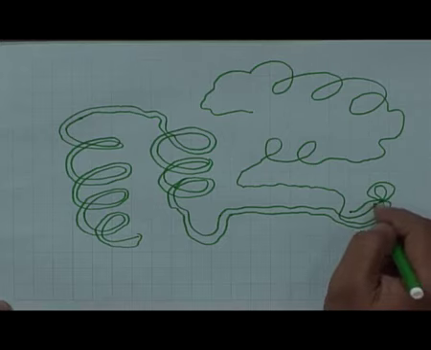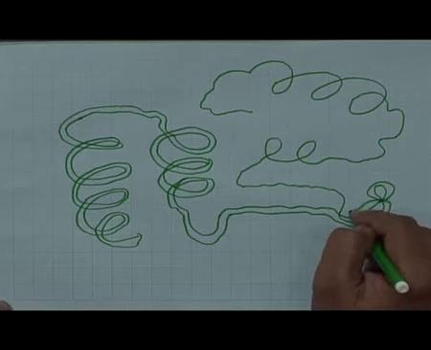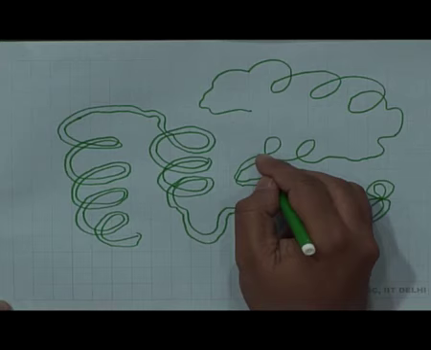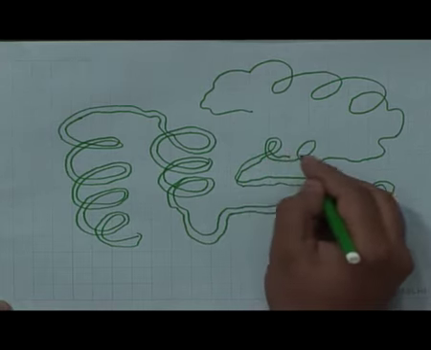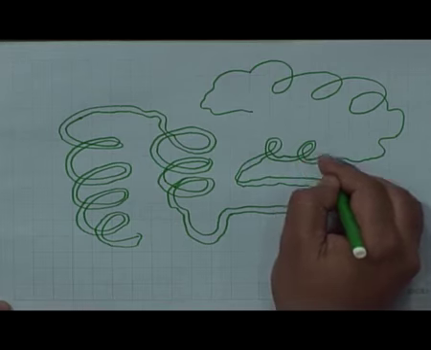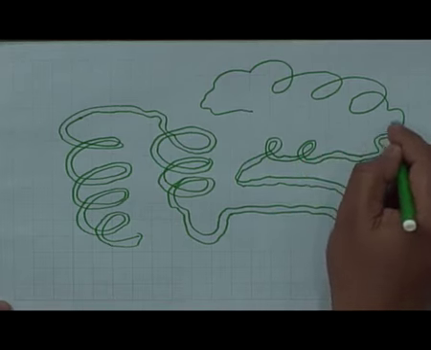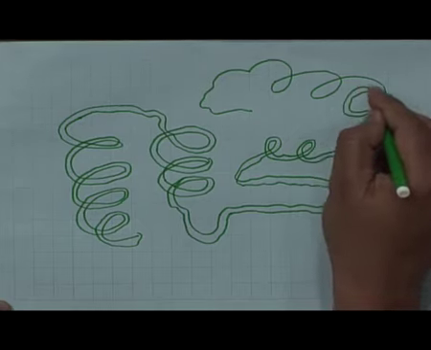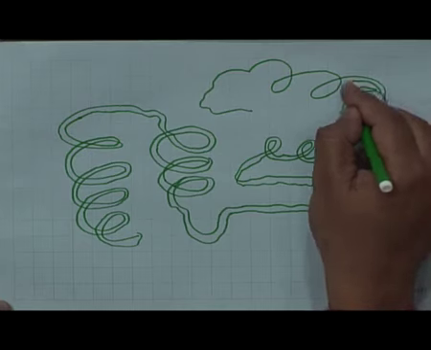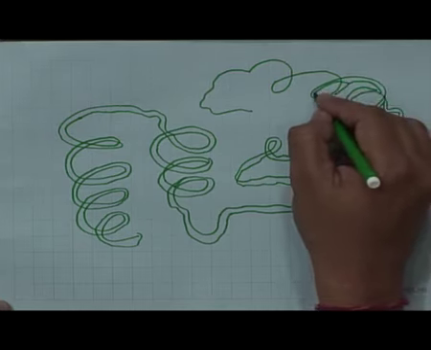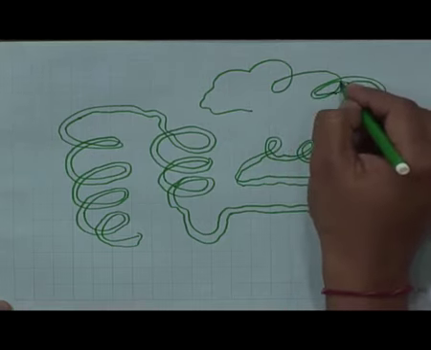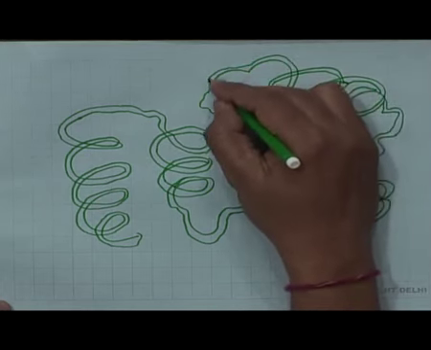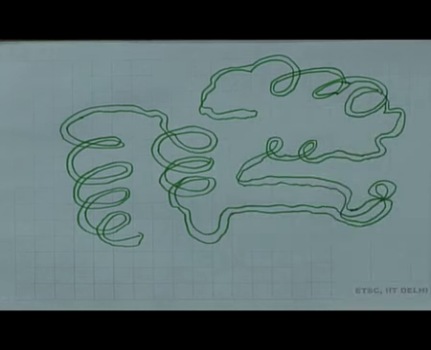And this is a beta pleated sheet part again, and this is the rest of it. Now I have completed this, it is a big polypeptide chain.